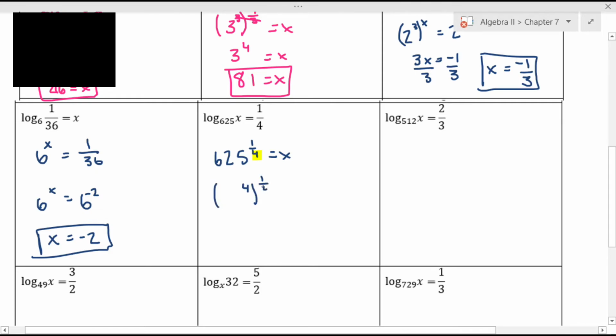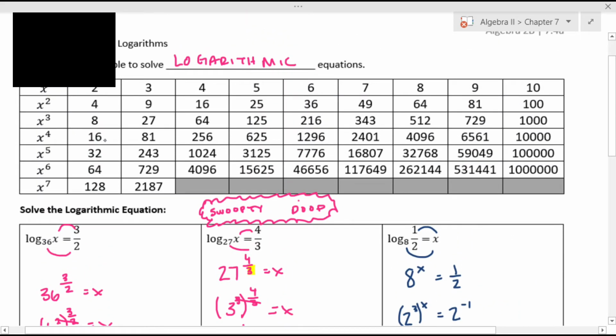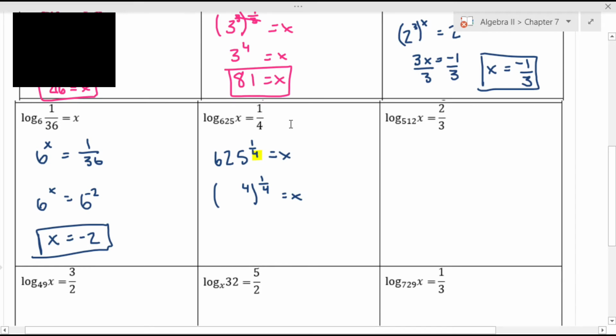So those 1/4s cancel out. I'm going to look up here in my row that says to the 4th power: 1, 16, 81, 625. That's 5 to the 4th power is 625. I cancel those out and I get 5 to the 1st is equal to x, which just means x is equal to 5.